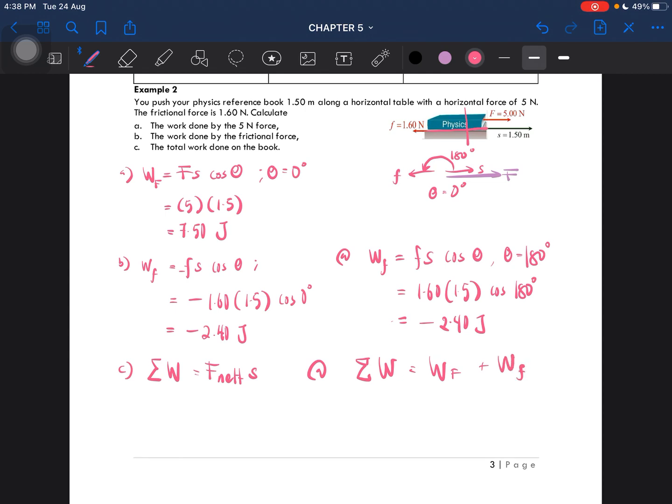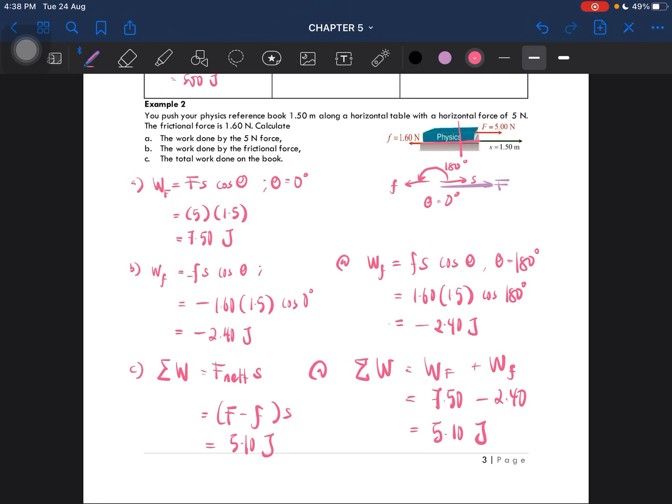Okay, so if it's the net force, it is F minus small f, times S, then you'll get 5.1 joules. Or this one, just plug in the values, then you'll also get the value to be 5.1 joules. Okay, so that is example number 2.